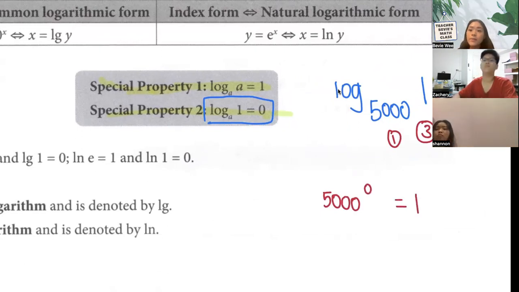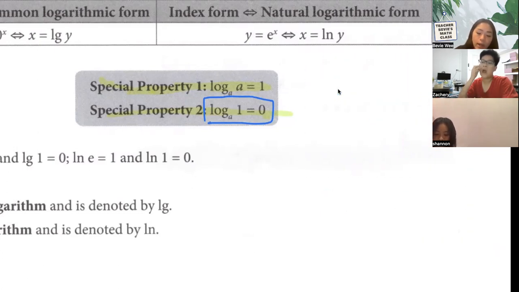Does it make sense? Yes, this is your zero indices. So these are your two special properties that you have to memorize. They will be very useful.